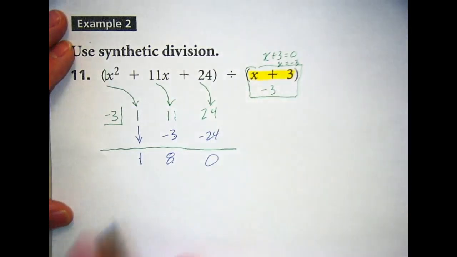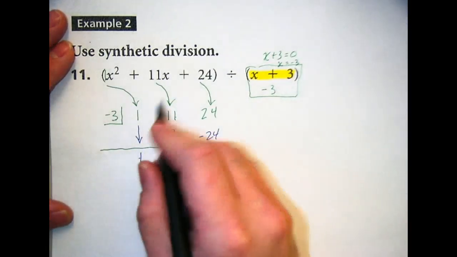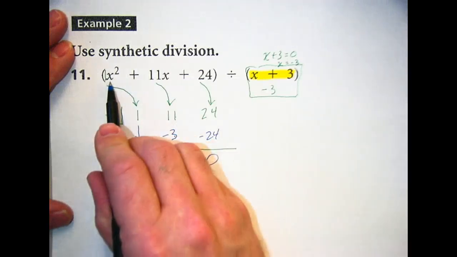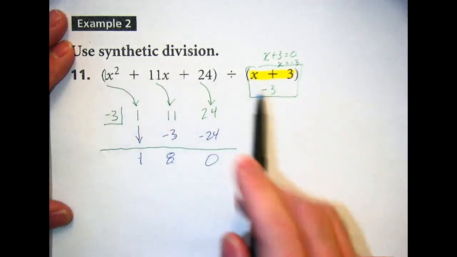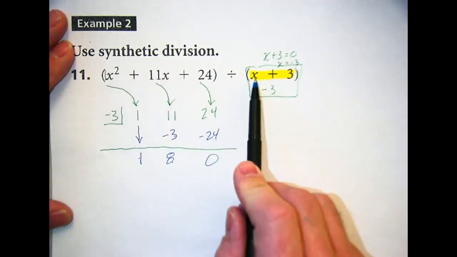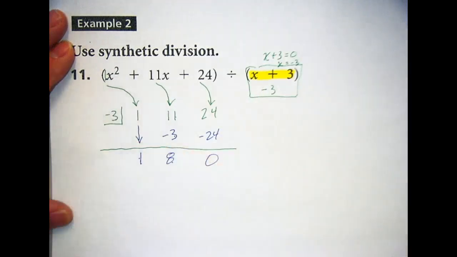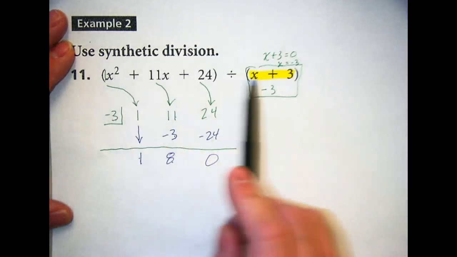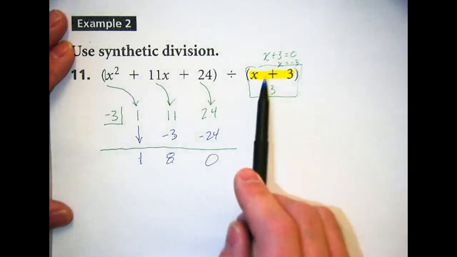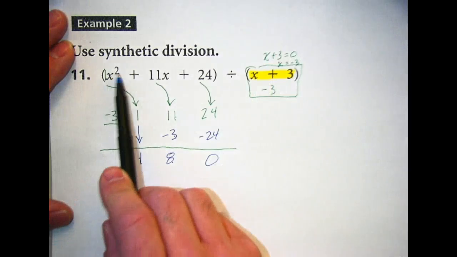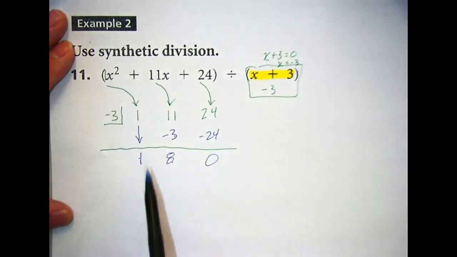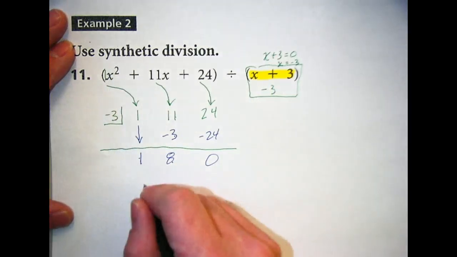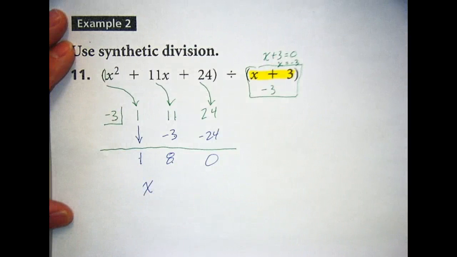Our solution to this is, since this is an x squared and this is an x, since we are dividing by a linear amount, we're always 1 degree less than this. So this 1 represents 1x.